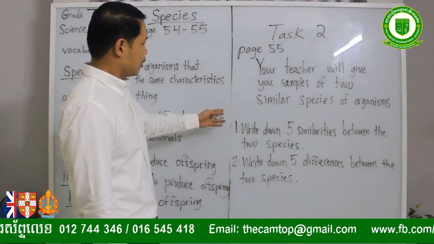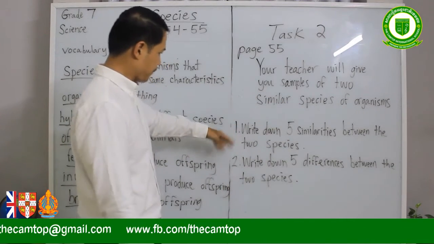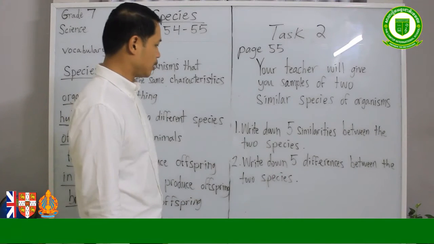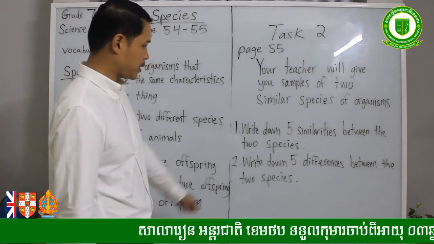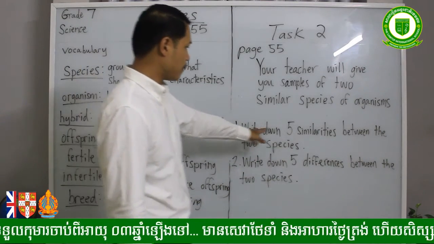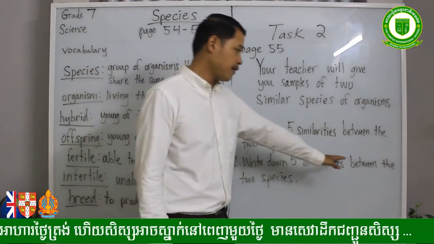After you see the image, after you see the samples, write down 5 similarities between the 2 species. Number 2, write down 5 differences between the 2 species. So you write down how they are similar and how they are different.